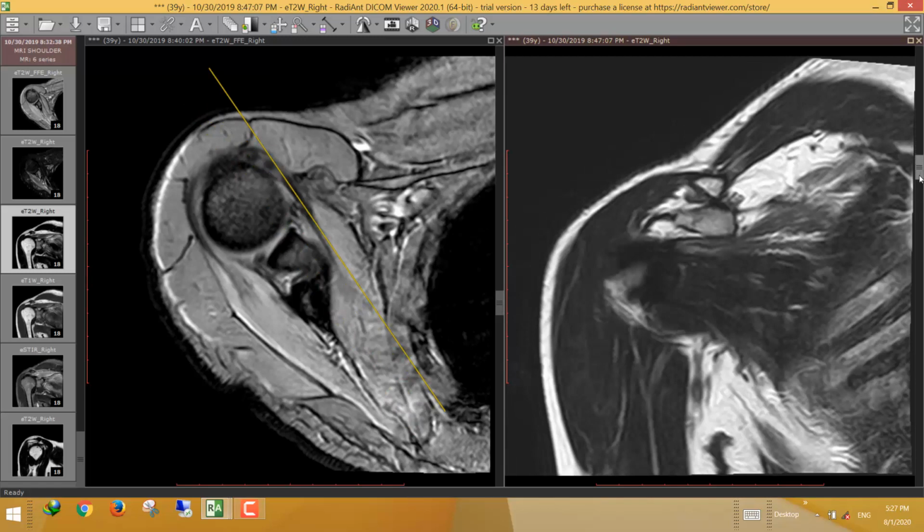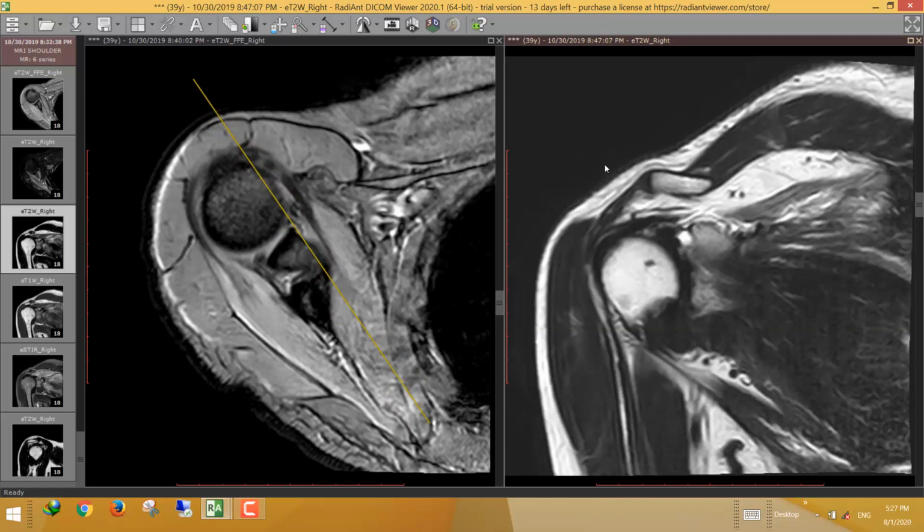So in this examination, we can say that these lesions are denervation injury with no mass lesion compressing the course of the suprascapular nerve.